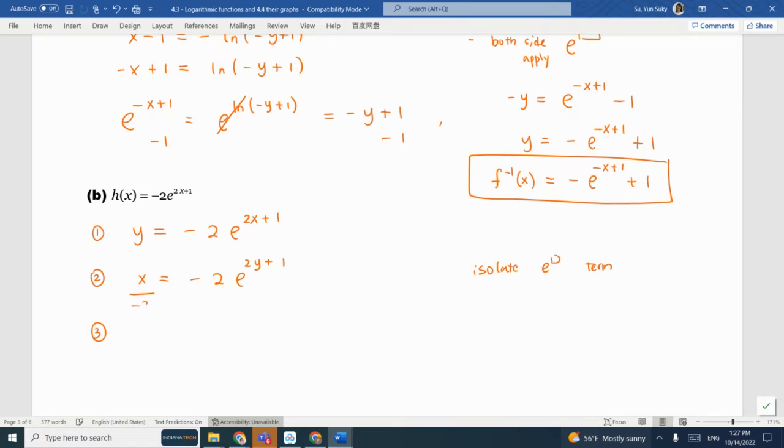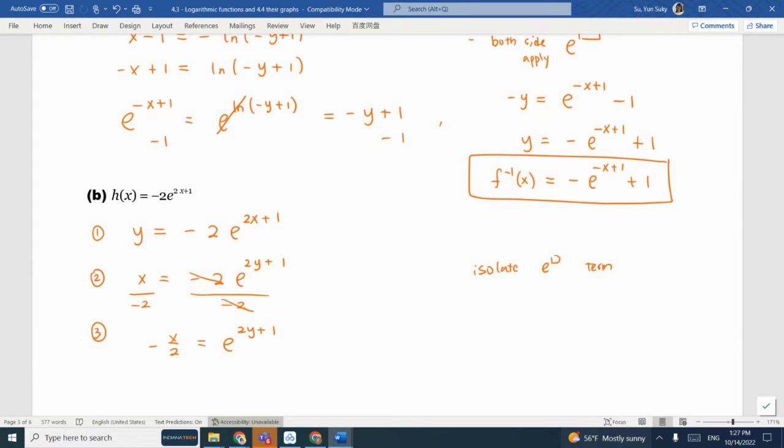Very good. So divided by -2, they cancel. We have negative x over 2 equals e to the 2y plus 1. Yes, everybody? Divide both sides by -2.